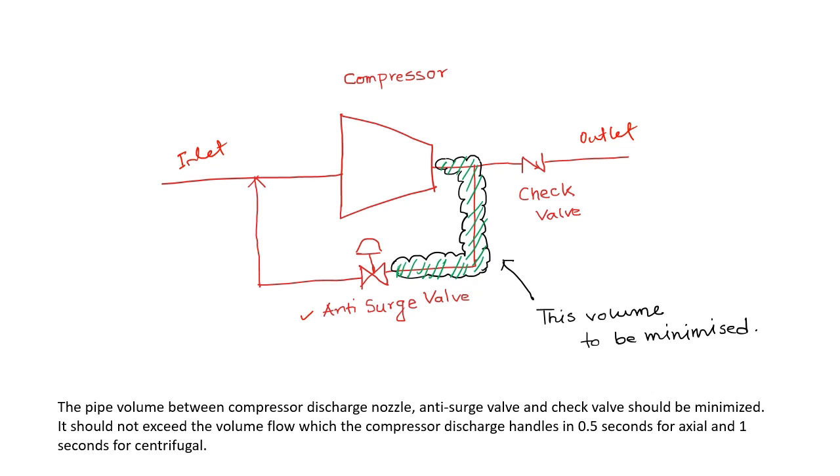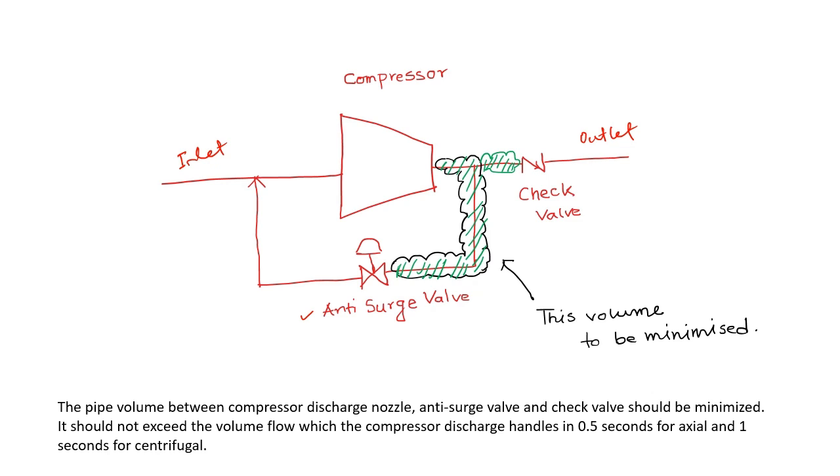This should include this portion also, because if this volume is very high, the anti-surge valve has to open more to recycle more volume of flow through it, and this will take more time, and the surge action happens really fast. So if this volume is more, this valve needs to open more, and by that time recycling all the volume of fluid contained here back to the inlet may be difficult.